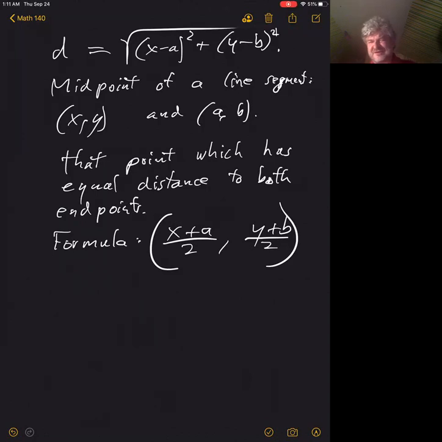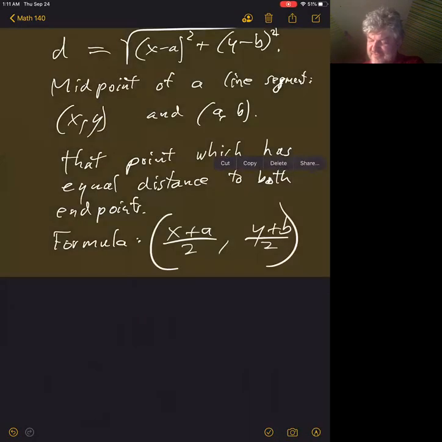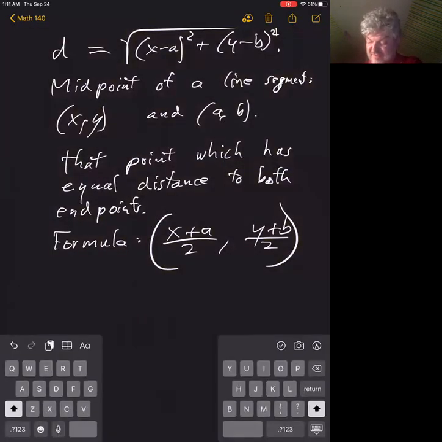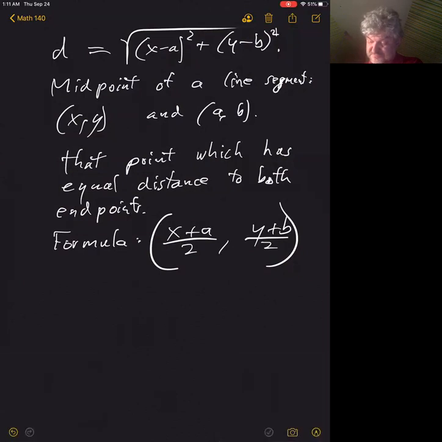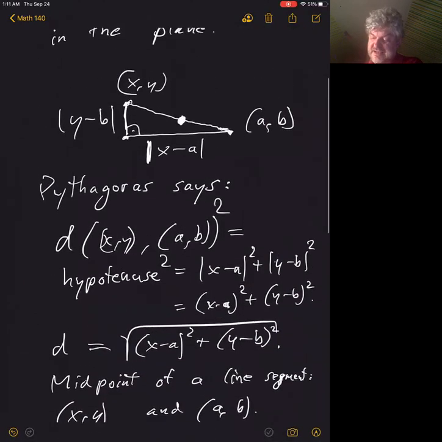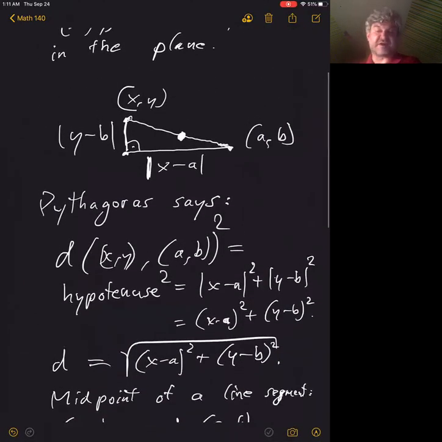Why is that working? I would say, imagine for a second that x, y is actually 0, 0. And then a comma b is somewhere out there in the plane.